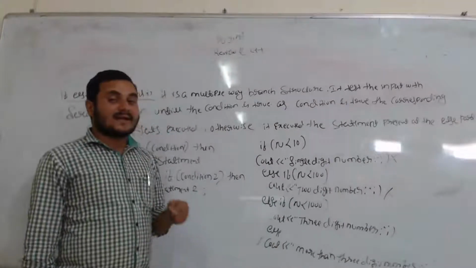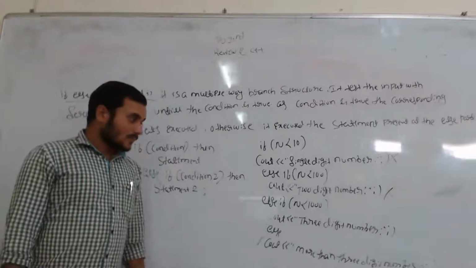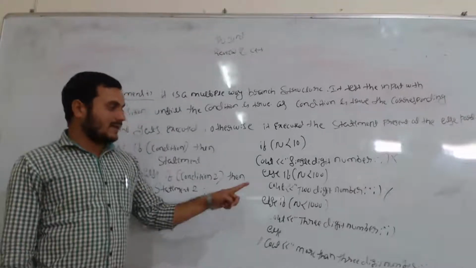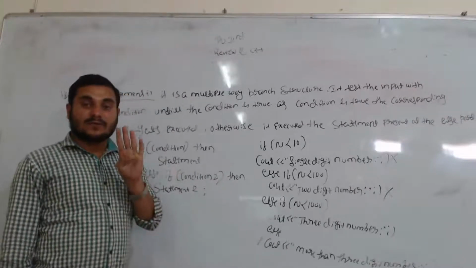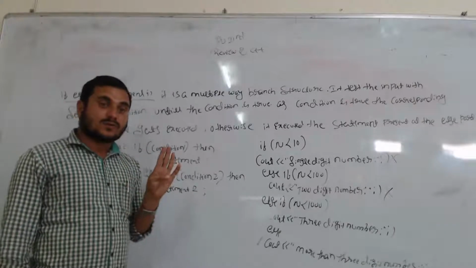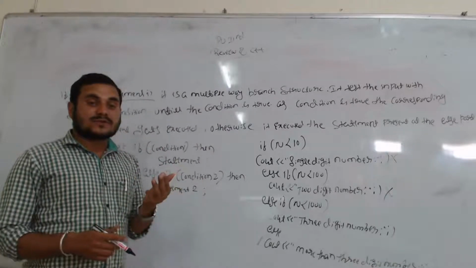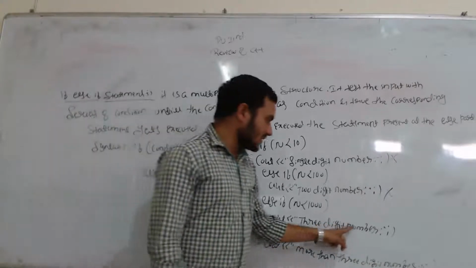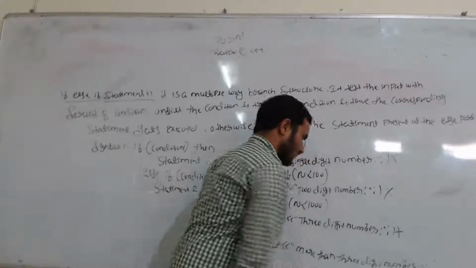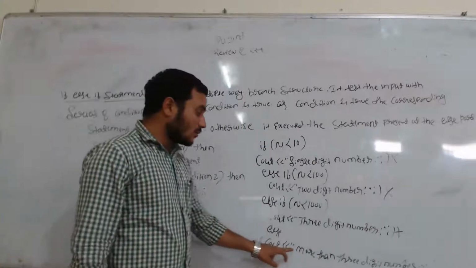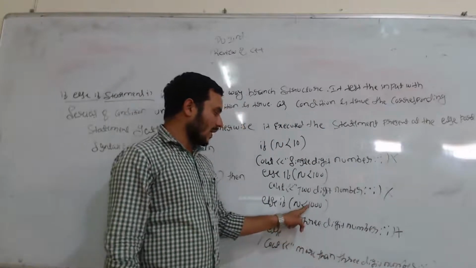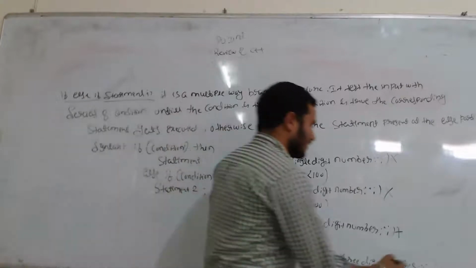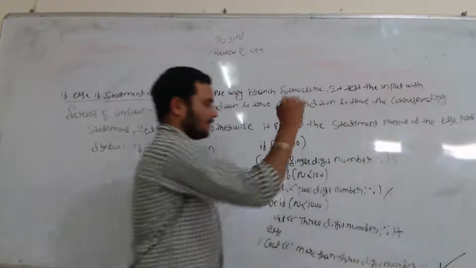Else if n less than 100, here 3 digits are there, and the printing statement says two digits number, so again this condition is false. Else if n less than 1000, it means at most 3 digits, but total 4 digits are present here, so again this condition is false. Else print more than 3 digits number. Yes, 1 2 3 4, here more than 3 digits number is there. So this statement will be executed.